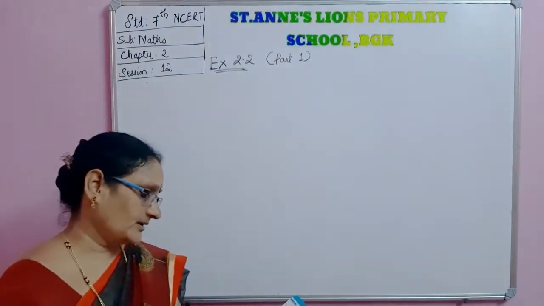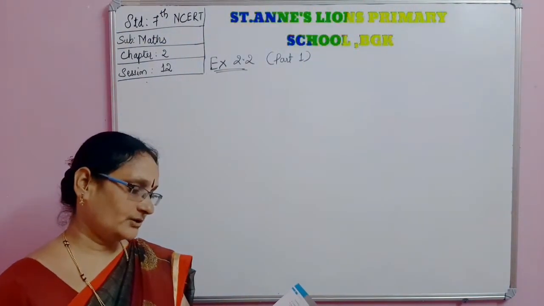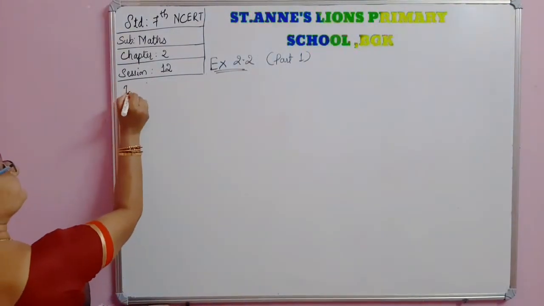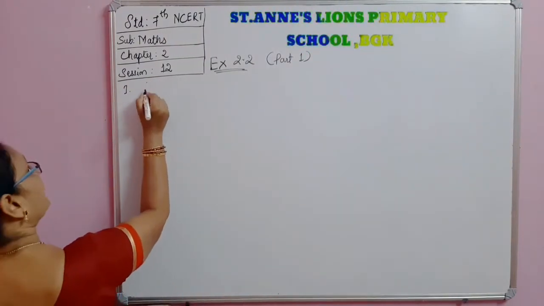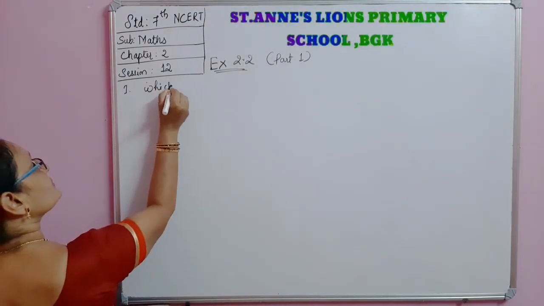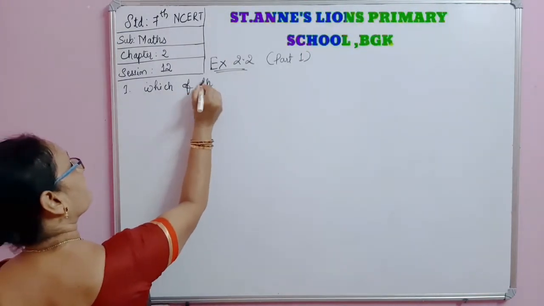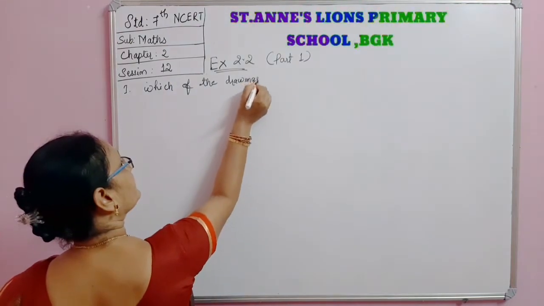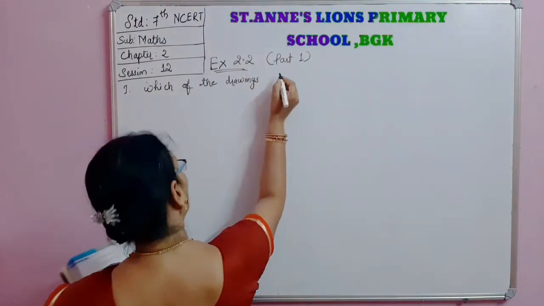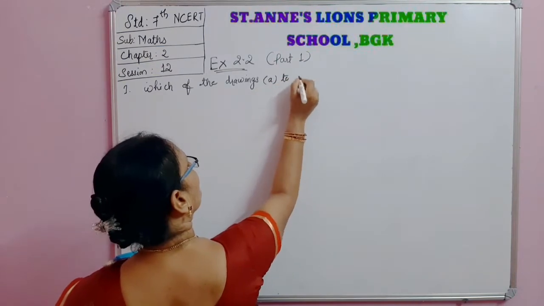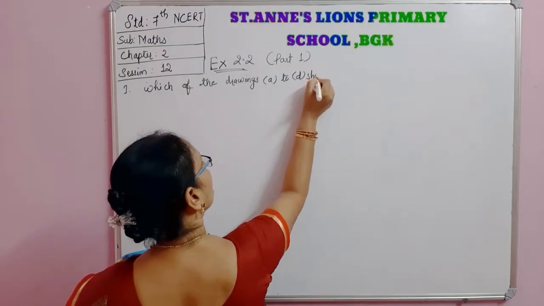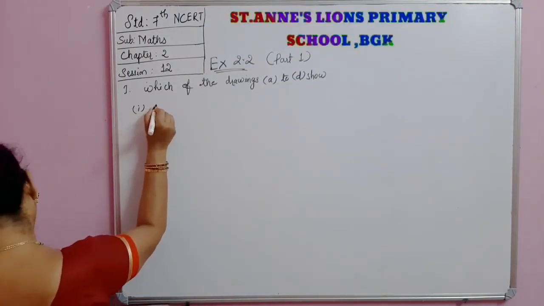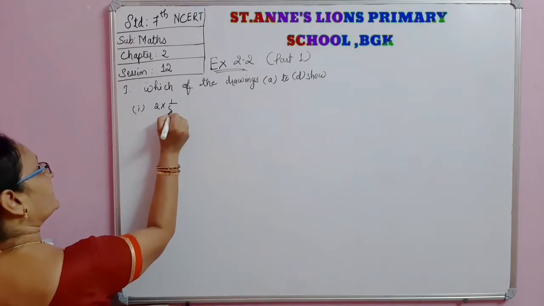Now, first main: which of the drawings A to D show the following? See here, the first one: 2 into 1 by 5.